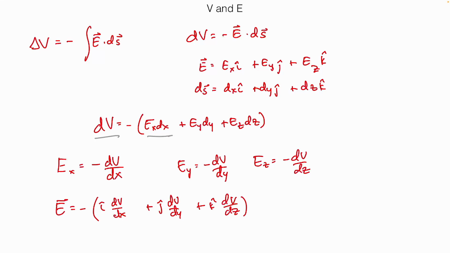I've literally taken my Ex, and I'm rewriting it, putting in my Ey for Ey, and Ez for Ez. I just rewrote my electric field in terms of these derivatives.